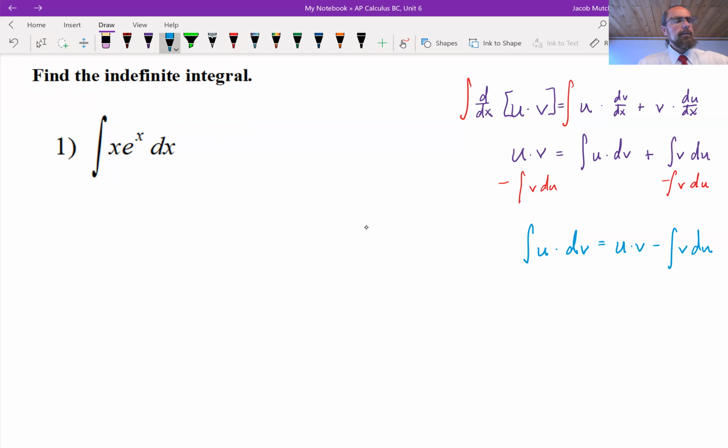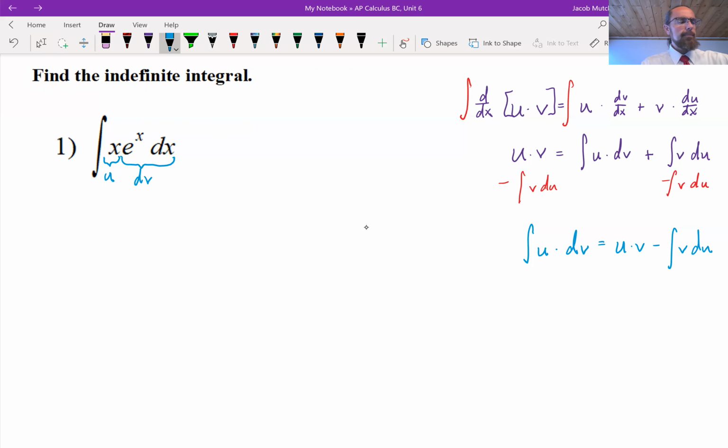So I'm looking here at my integrand x e to the power of x, and that piece that I want to call dv is going to be e to the power of x dx. And as a general rule of thumb, the dx is always going to be a part of dv. And that leaves for me x, which I'll identify as u.